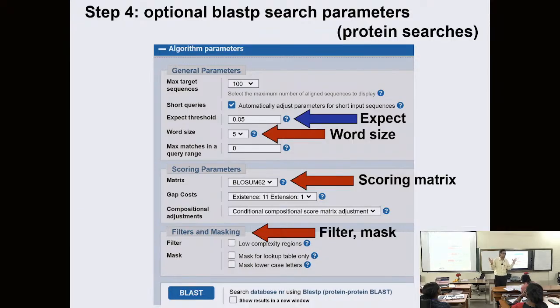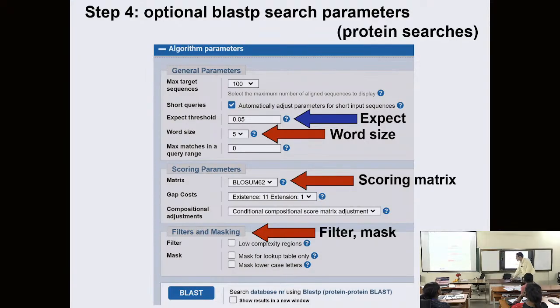It could be some constant. There are many different ways to do scaling. I'm not going to go into detail, but this is just to help you understand that by doing compositional adjustment, the matrix becomes good enough for comparisons of atypical genomes. So if I ask you a question, you should be able to explain why compositional adjustment.